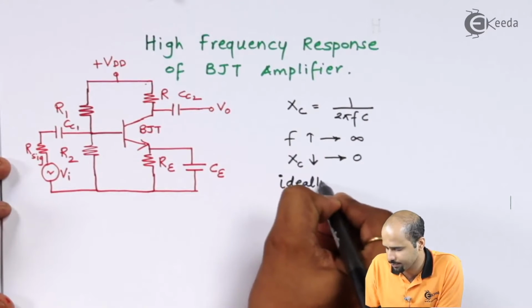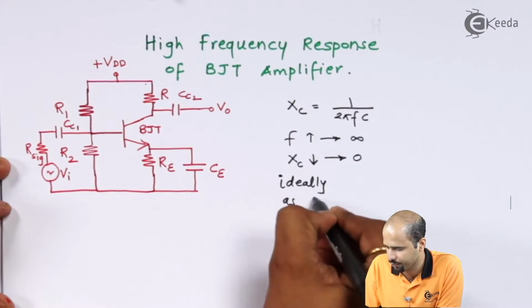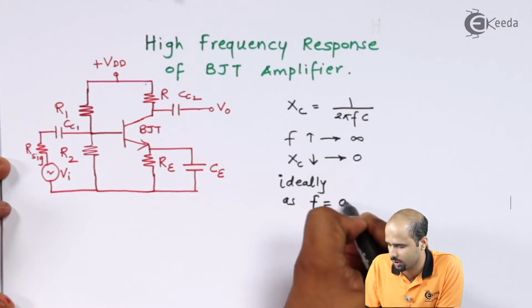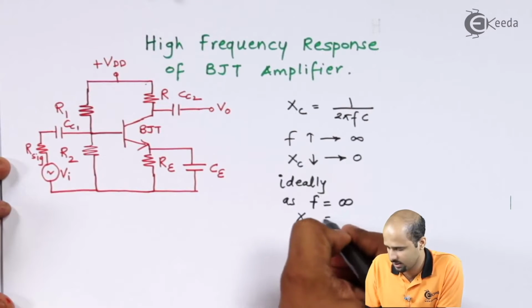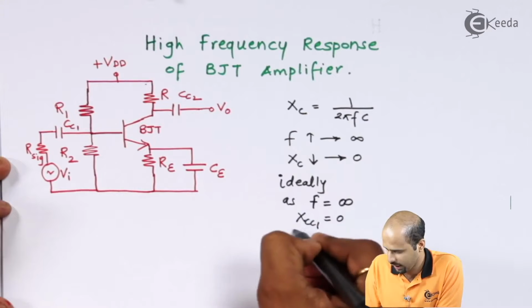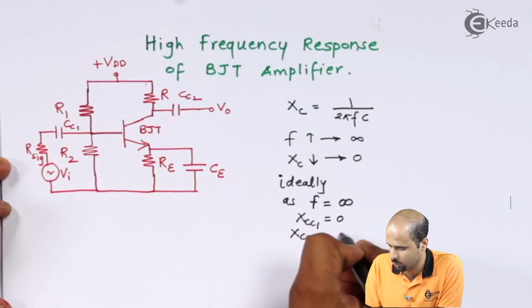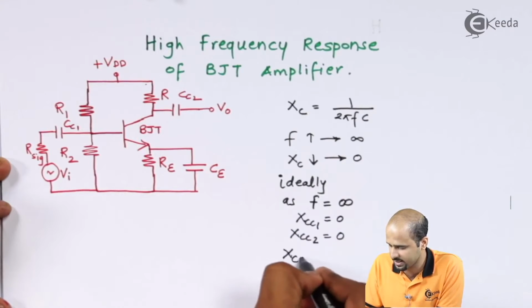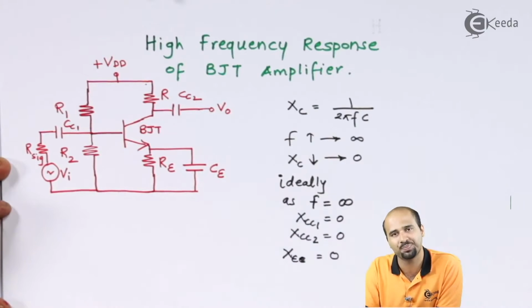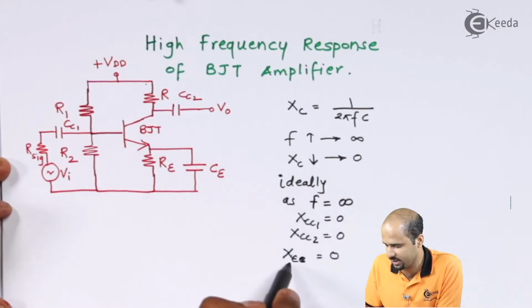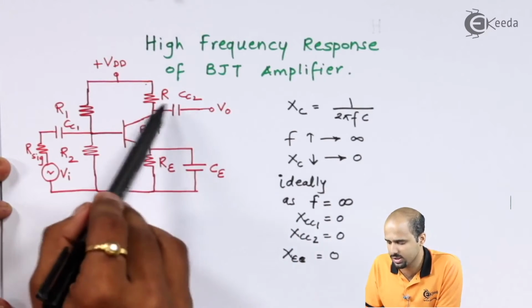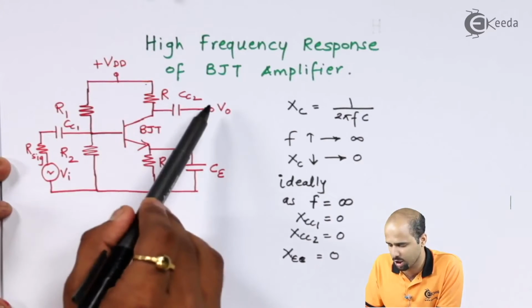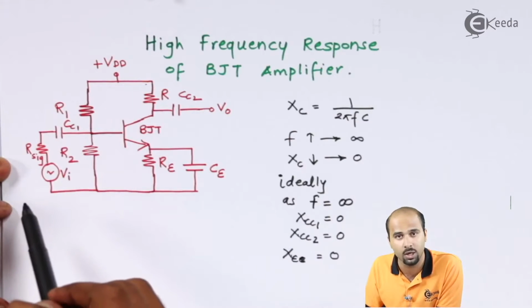So ideally, as F is equal to infinity, we have XCC1 equal to 0, XCC2 equal to 0, as well as XCE equal to 0. So this capacitor will be replaced by a short circuit, this capacitor will be replaced by a short circuit, and this capacitor will be replaced by a short circuit.